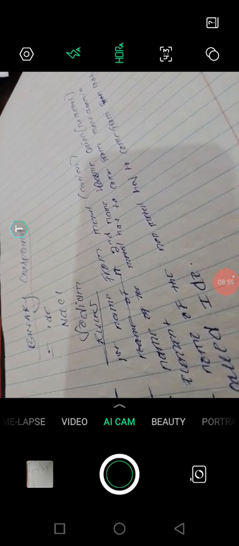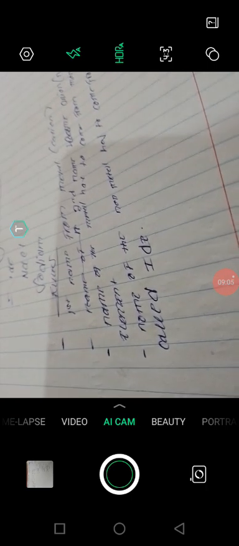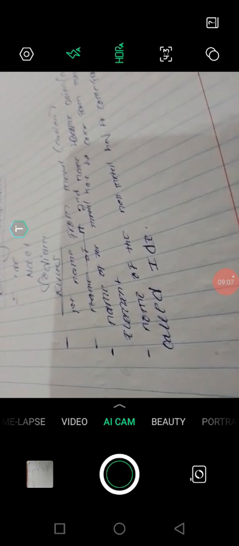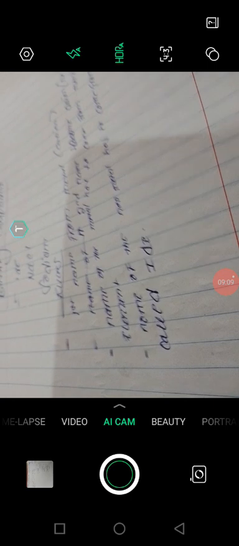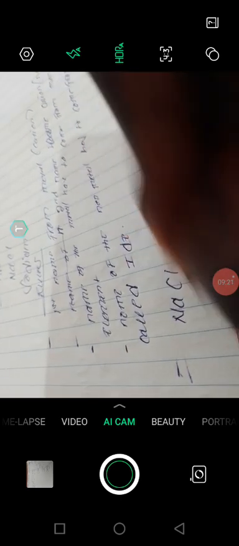IDE. So whenever we are naming a binary compound, the last name has to end with, for instance, IDE. For instance, I've got sodium chloride. This is the chemical formula for sodium chloride.